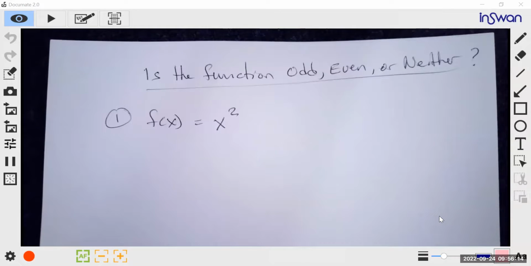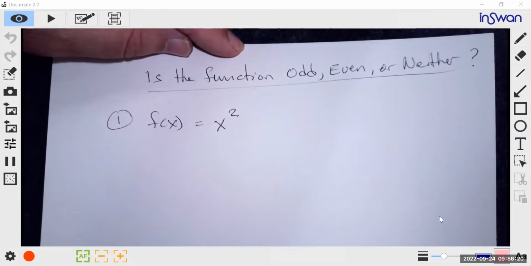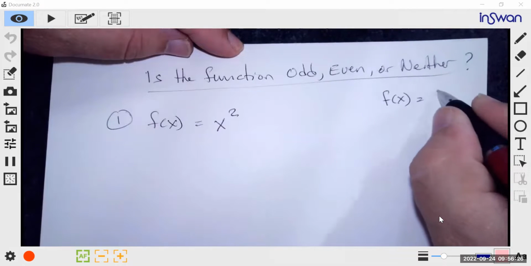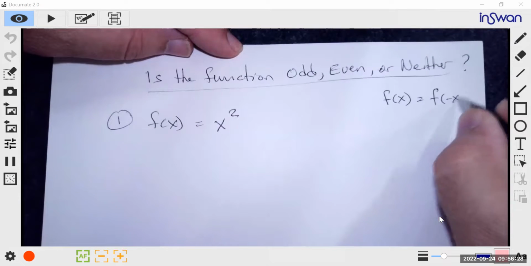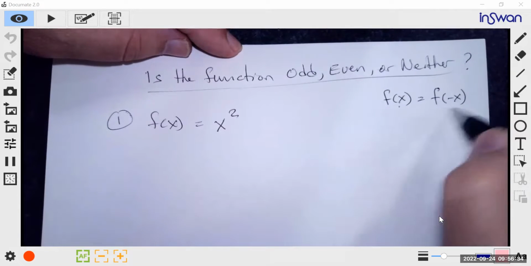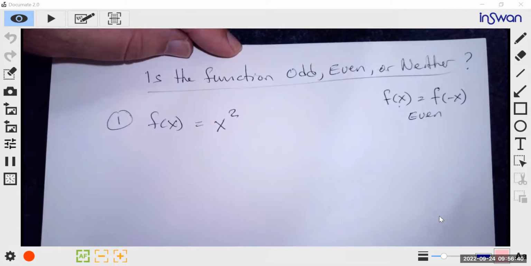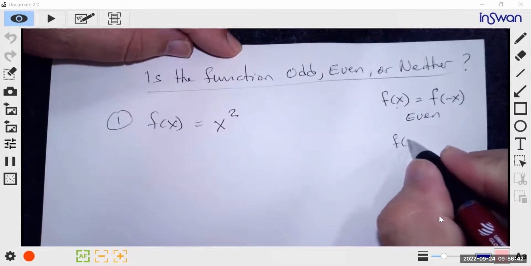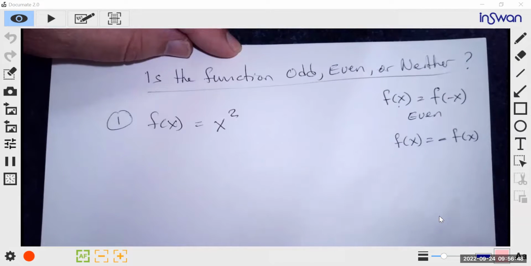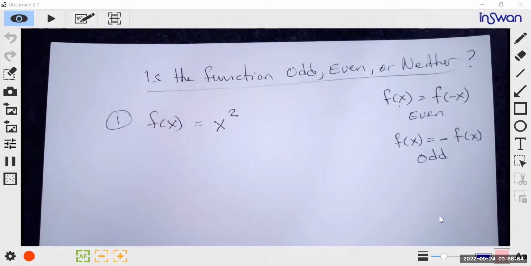Is that odd, even, or neither? The way you test it, if you put a positive value and a negative value in there, and they both equal, then it's even. It means nothing changes. If you put a negative value inside there and it turns out you have the same numbers but different signs, then it's odd. Anything else is neither.